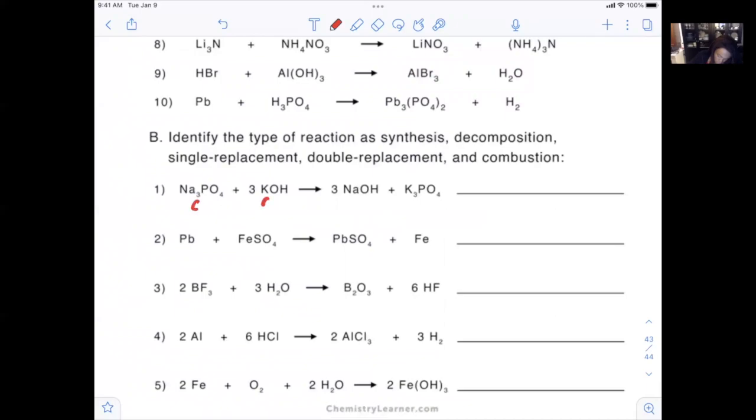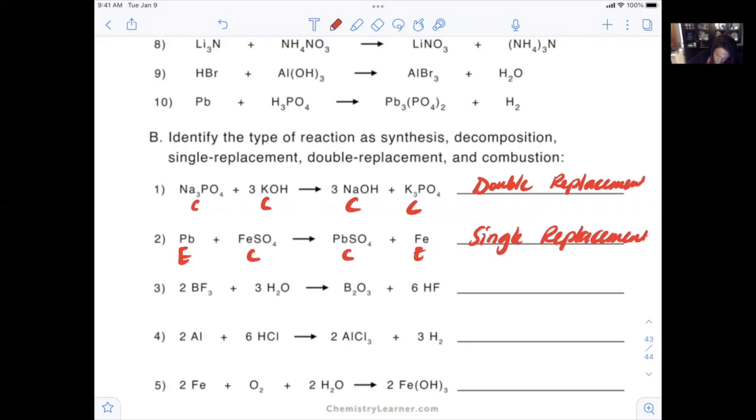Compound, compound, compound, compound: double replacement. Elements, compound, compound, element: single replacement. I've been balancing a lot, so feel free to balance some more. Compound, compound, compound, compound: double replacement. Remember, a compound is made up of more than one element that's identifiable.